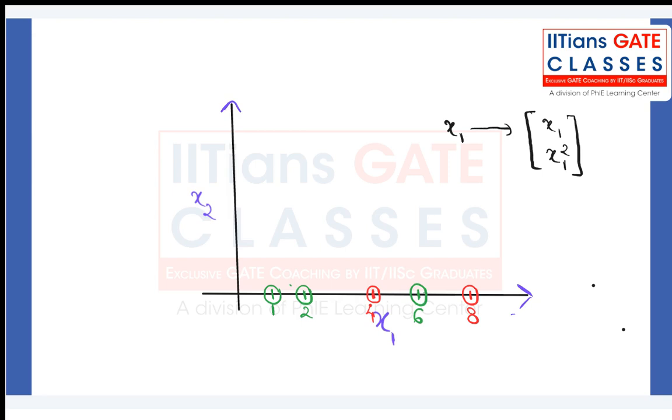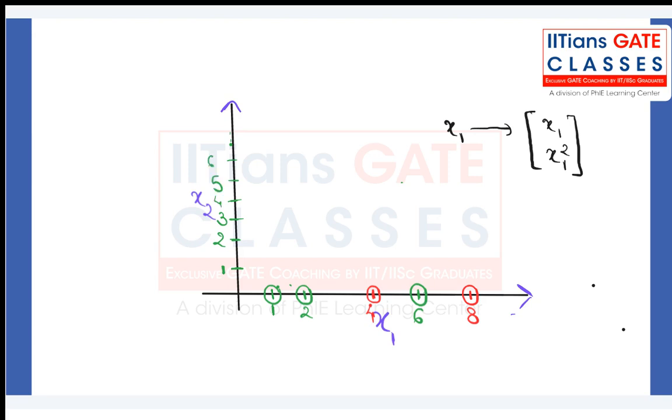So what would happen is my 1 stays as 1. Let's say this x1 square feature I denote by x2. Let's say this is 1, 2, 3, 4, 5, 6, and so on.